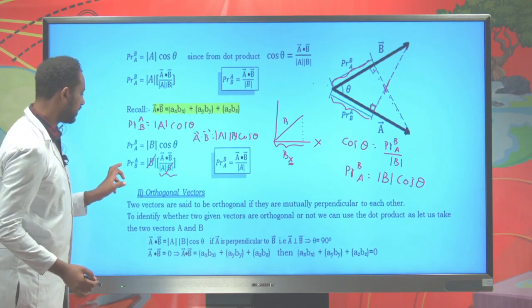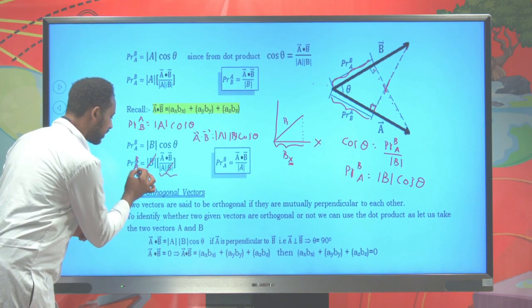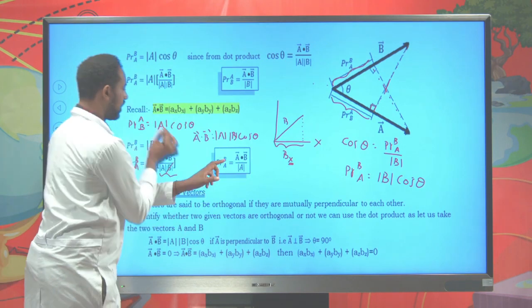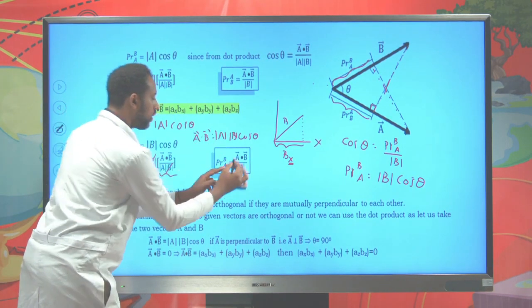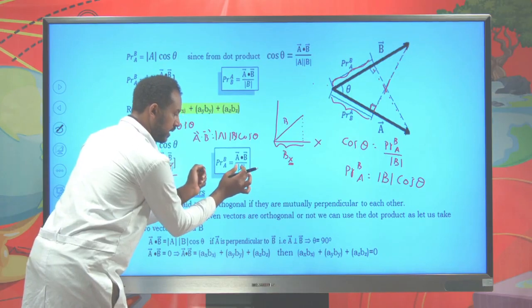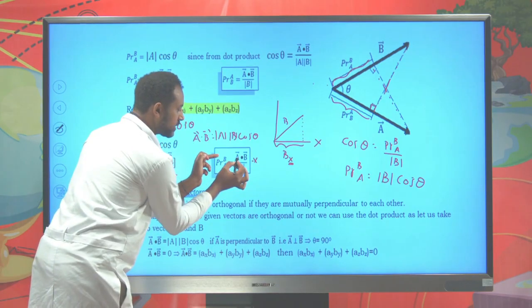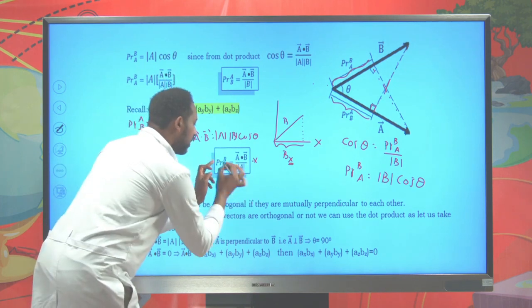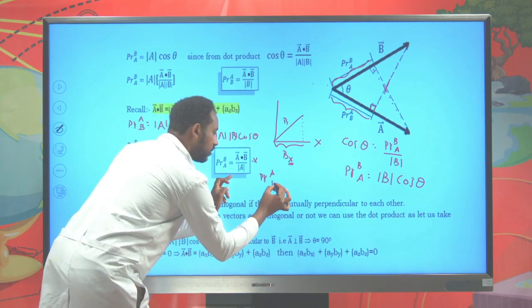At last, you can find that the projection of vector B onto A is A dot B. How do we determine A dot B? Using this. We have already previously discussed this. Over the magnitude of A. It's possible to find the projection of B onto A as A dot B over the magnitude of A. How do you determine the projection of vector A onto B?